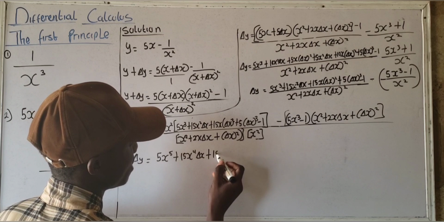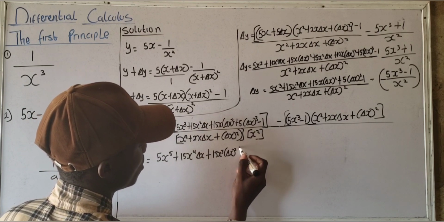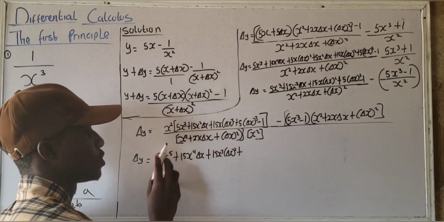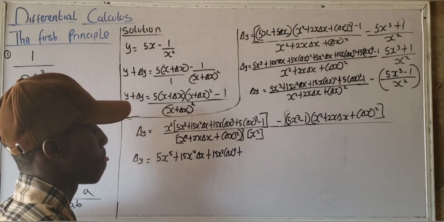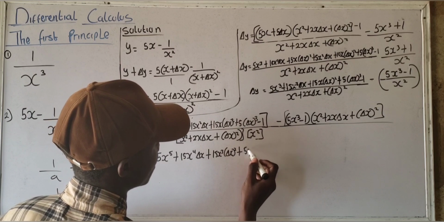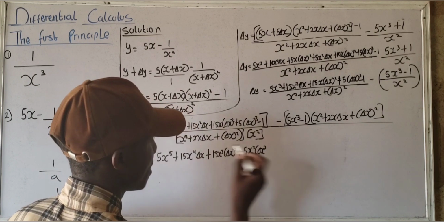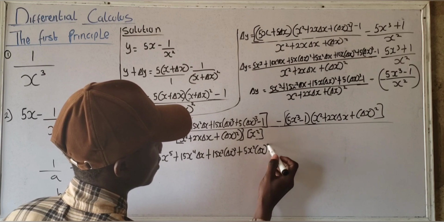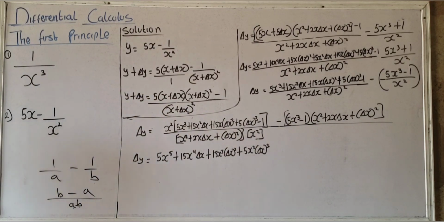Plus 15x raised to the power of 3 delta x raised to the power of 2, plus x raised to the power of 2 multiplied by 5 delta x raised to the power of 3. That is what? Plus 5x raised to the power of 2 delta x raised to the power of 3. X raised to the power of 2 times negative 1, that will be what? Negative x raised to the power of 2.